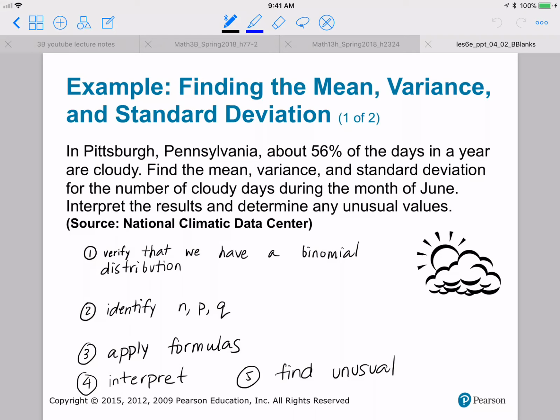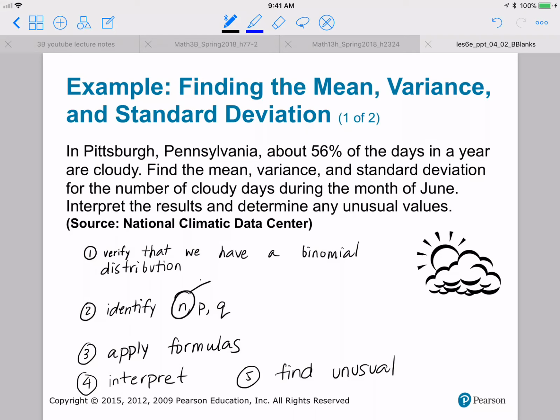A trial is looking outside on this day in June, June 2018. On each day, you look outside and you say, is this a cloudy day? Yes or no? June 1st, is this a cloudy day? Yes, it is. June 2nd, is this a cloudy day? No, it's not. June 3rd, is this a cloudy day? Yes, it is. Right?